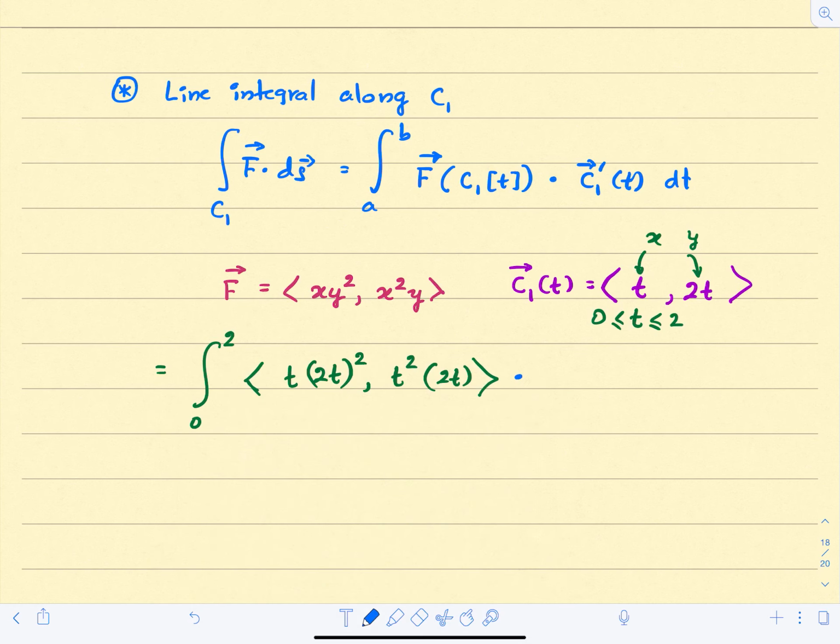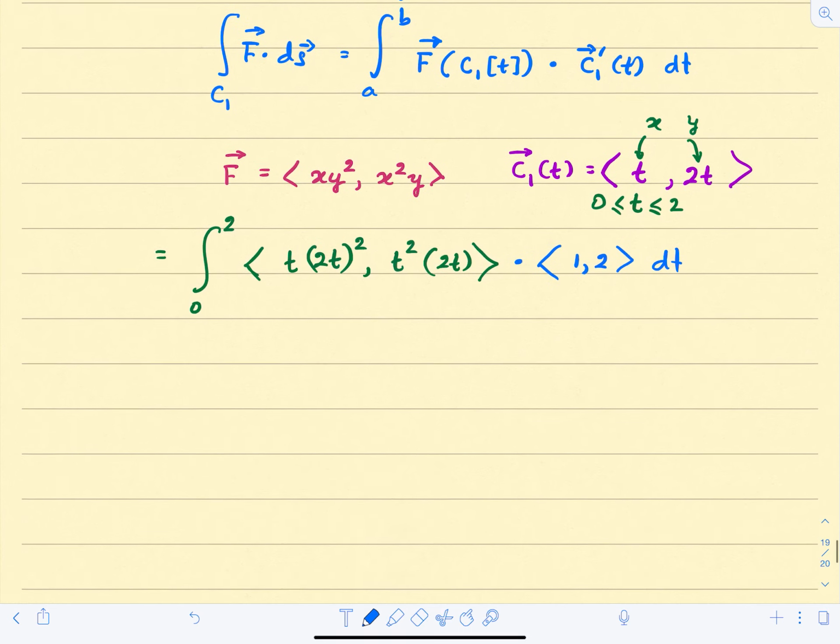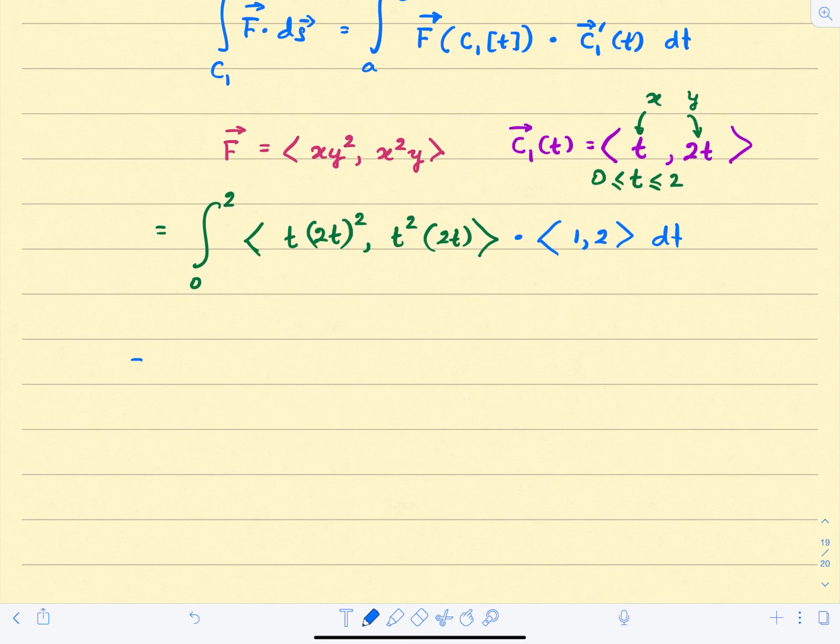Dot C1 prime, which is 1 comma 2, dt. Actually, let's simplify the integrand. If you take this dot product, you will get t times 2t squared plus 2 times t squared times 2t, dt.